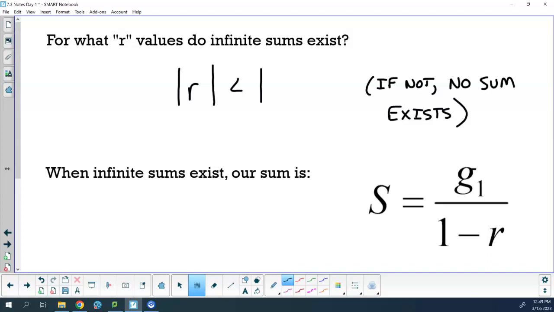The sum for the infinite geometric series is the first term divided by 1 minus R. That's it. That's an easy one.